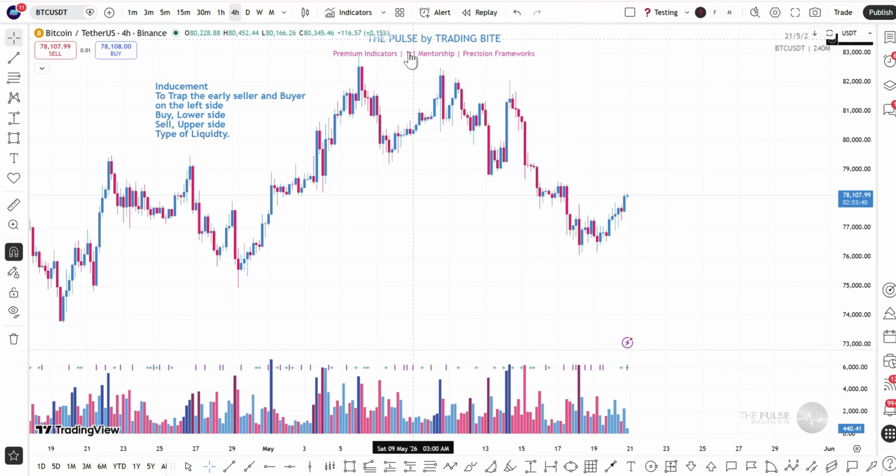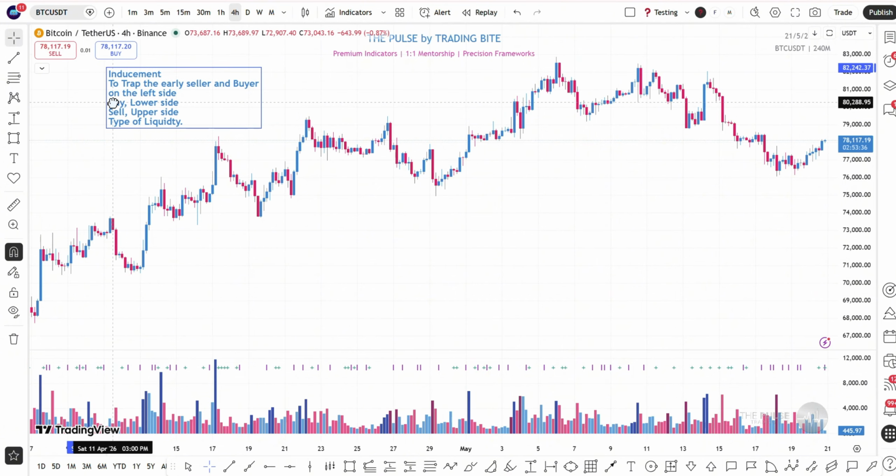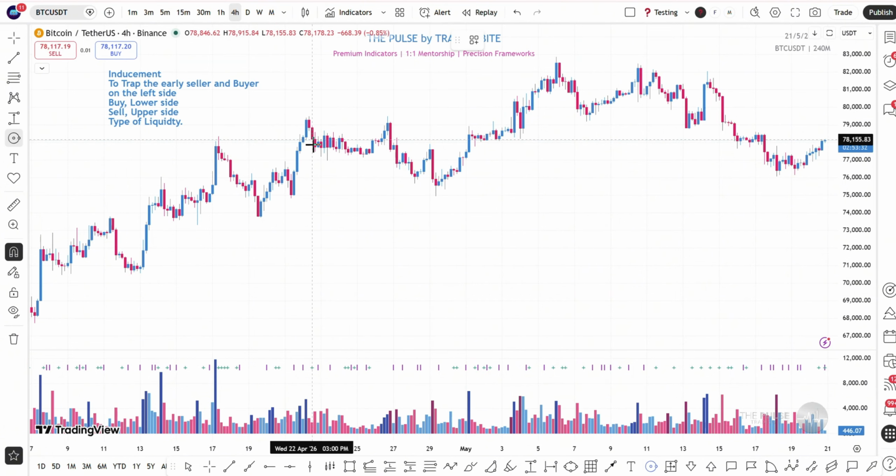We have to have the exact high point. We can start from here. Let's assume this is our high point, and we have to look at the very left side, this one.